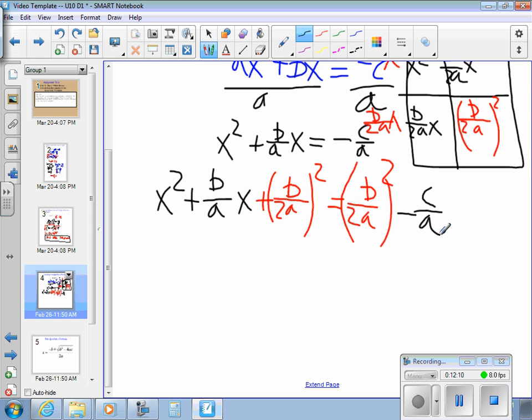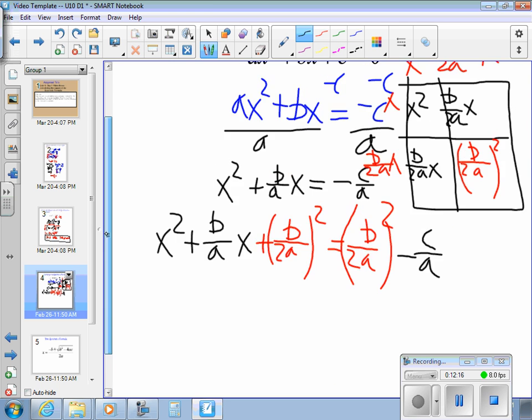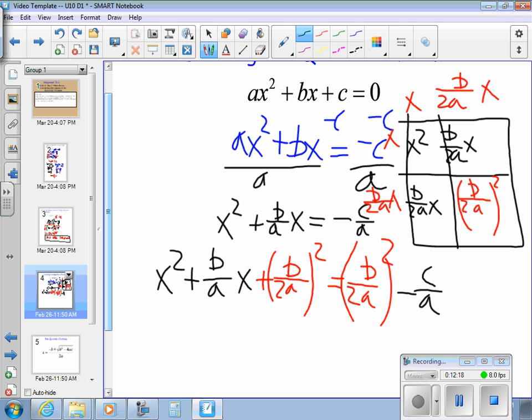Okay, now on the left side of the equation I now have a perfect square, and I know that because I have it up here with the box, and I'm now going to convert it into its factored form.